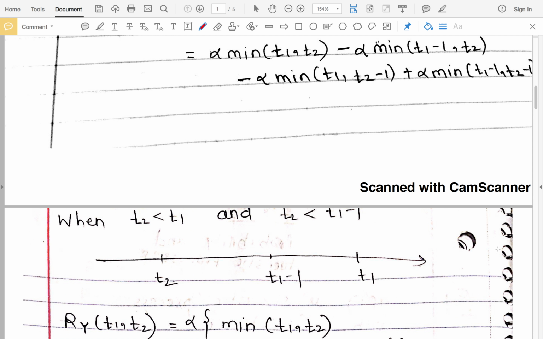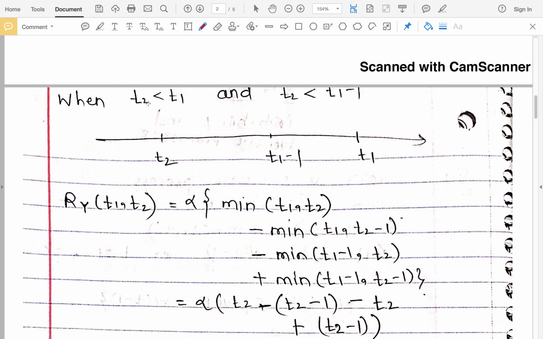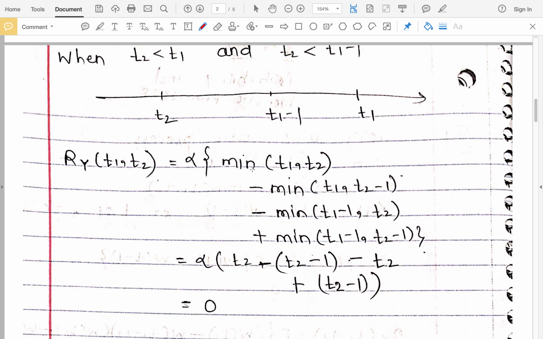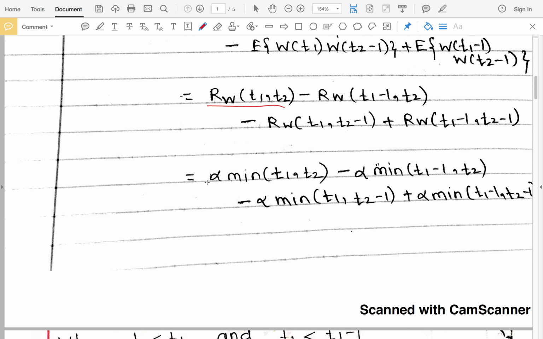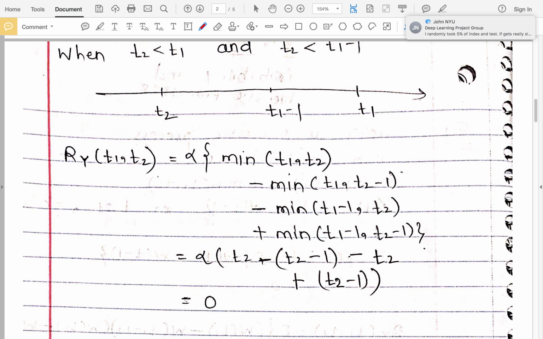Now there will be many cases, so one of them is when t2 is less than t1 and t2 is less than t1 minus 1. This can be seen on this axis. So from above, we will solve this: alpha times minimum of t1, t2, minus minimum of t1-1, t2, and so on.